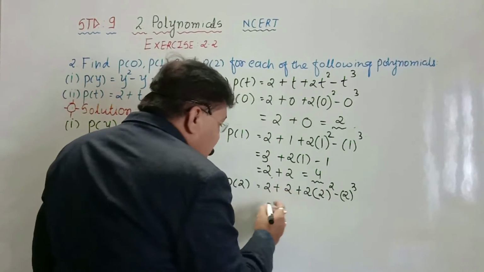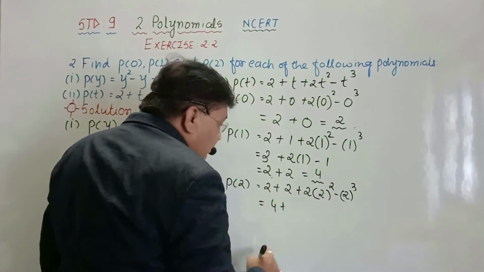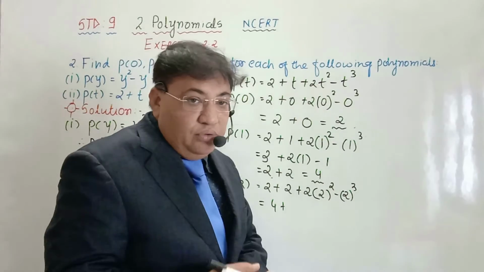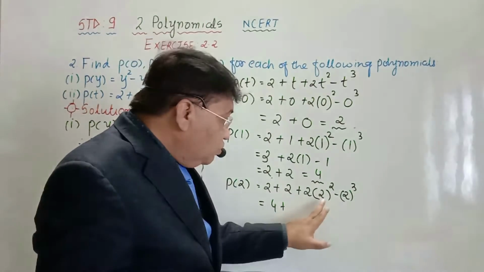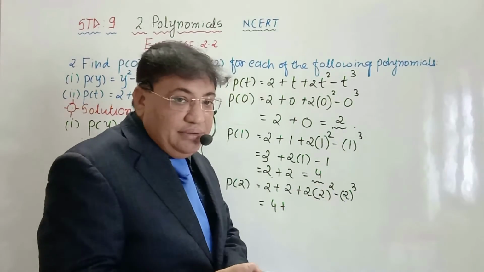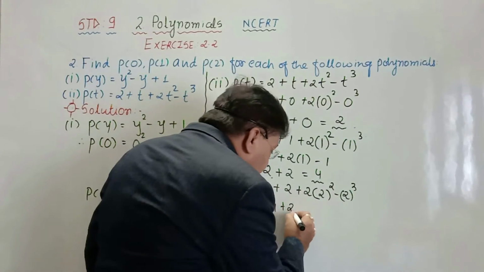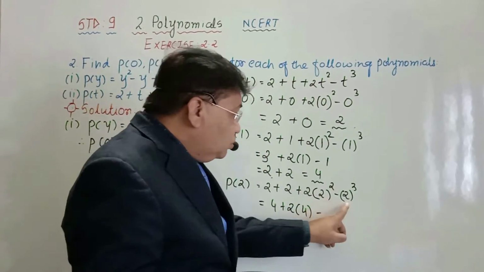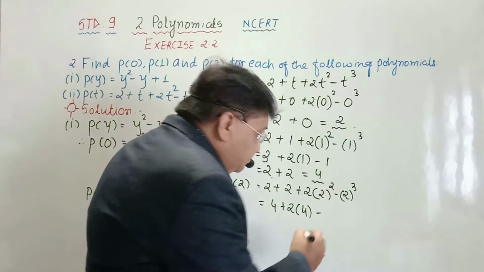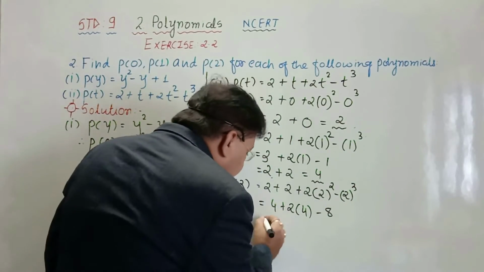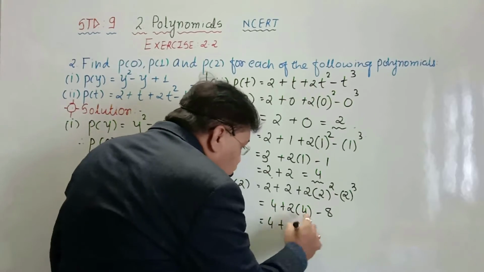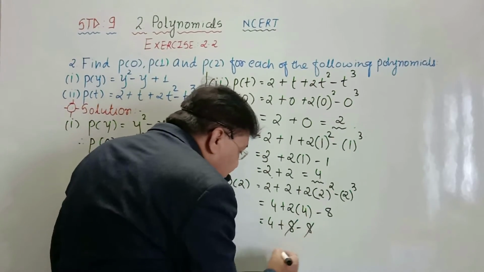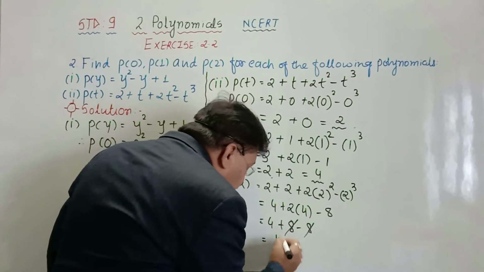Right? 2 plus 2 is 4 plus, now you should not do 2 into 2, that will be wrong. First you have to square the 2, right? So here we write 2 square is 4 minus 2 cube is 8. So here 4 plus 2 fours are 8 minus 8. Plus 8 minus 8 will cancel. So here we got the answer 4.